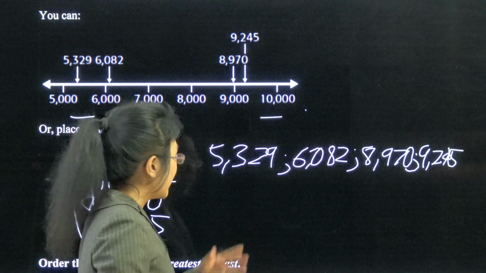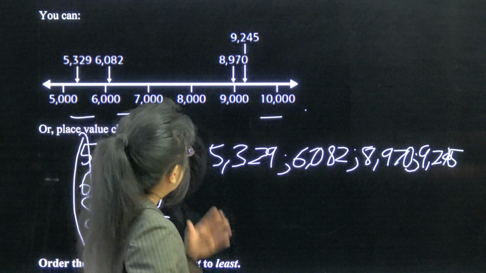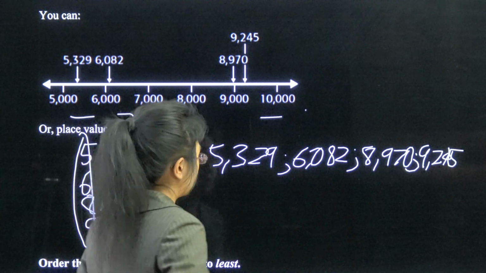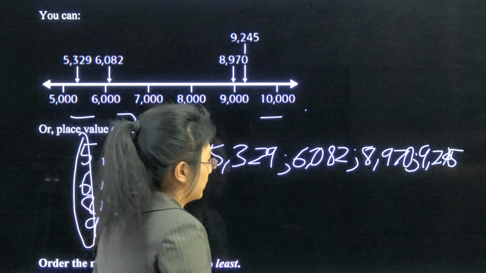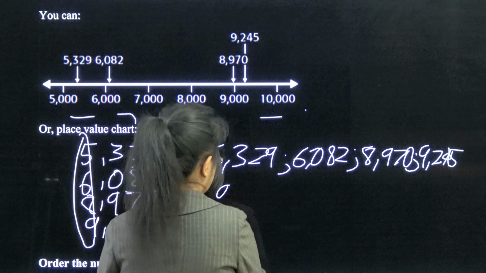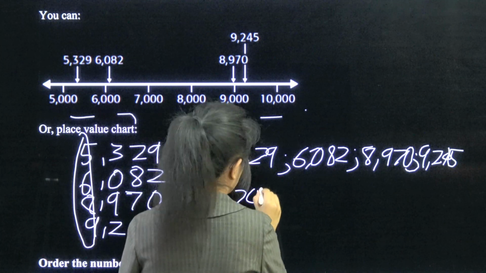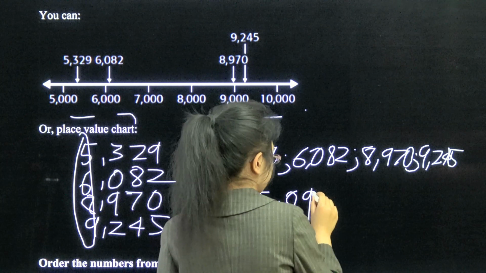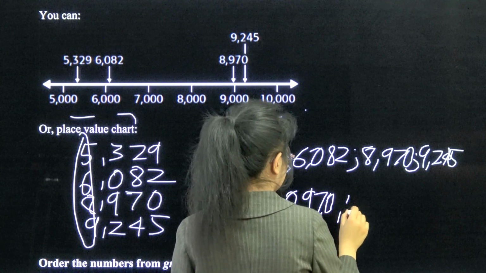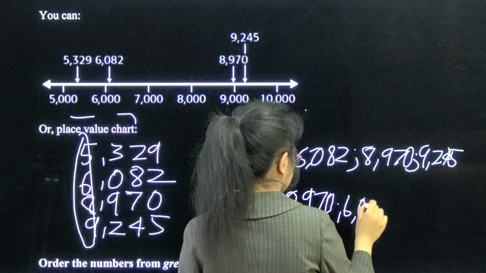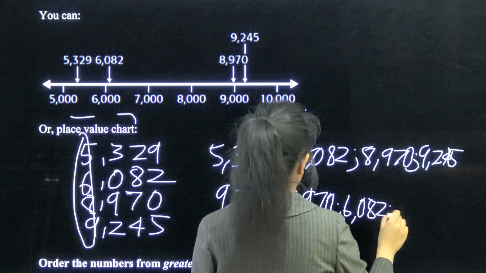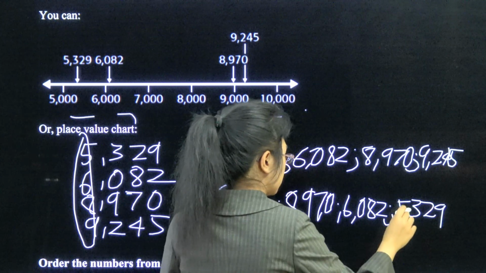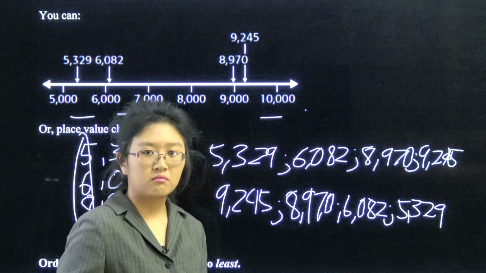But the thing is, right now, we realize that it's supposed to be greatest to least. And now it's least to greatest. So what do? We just flip it around. Done.